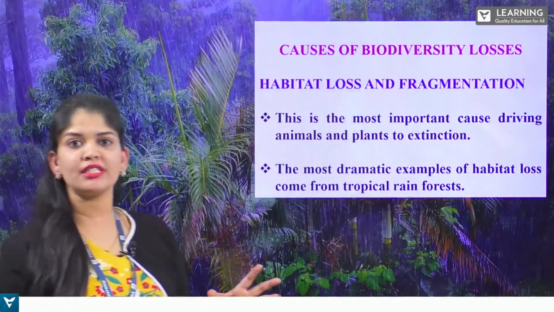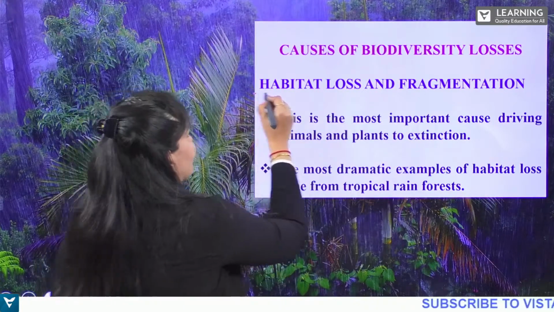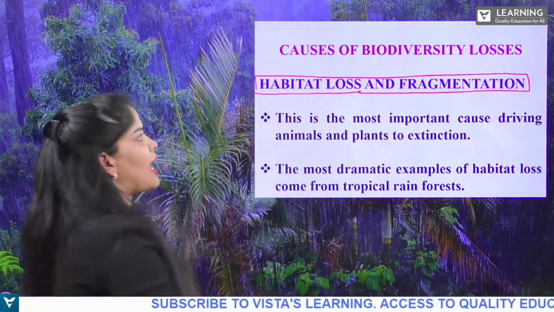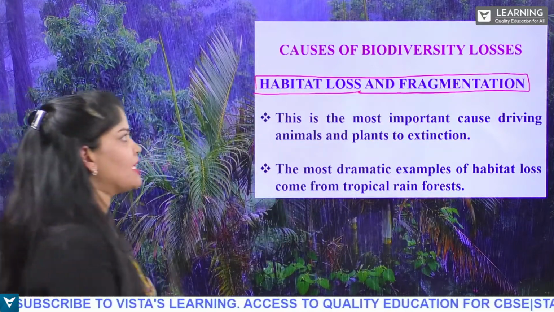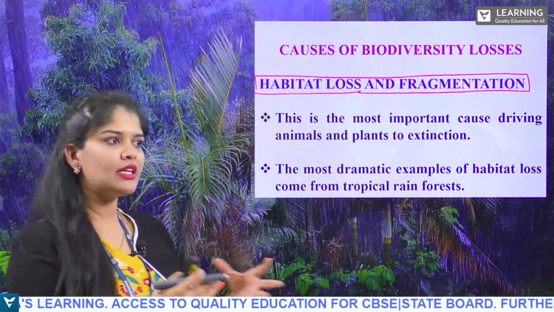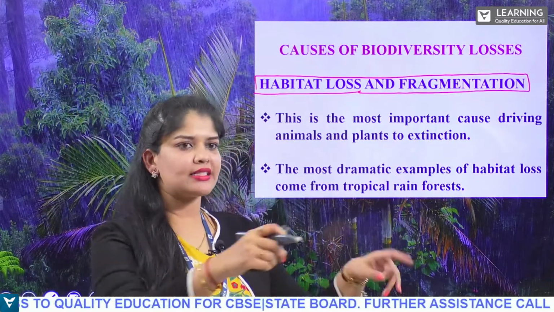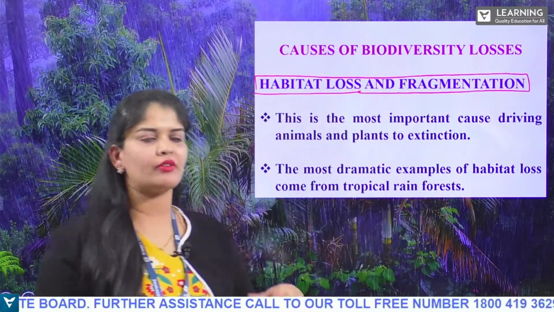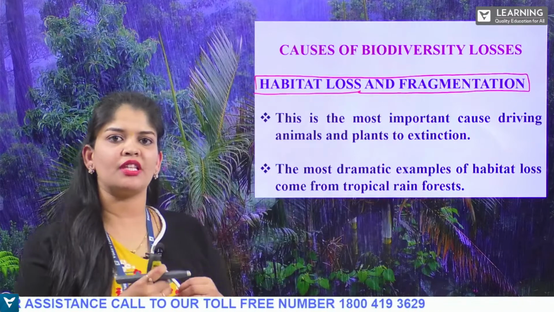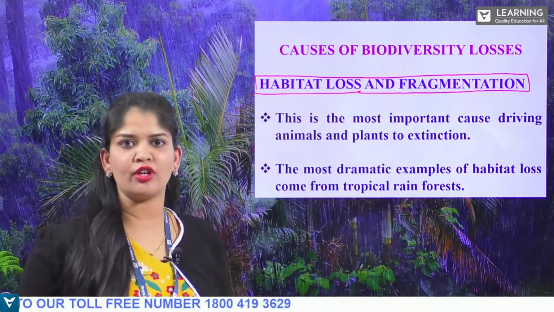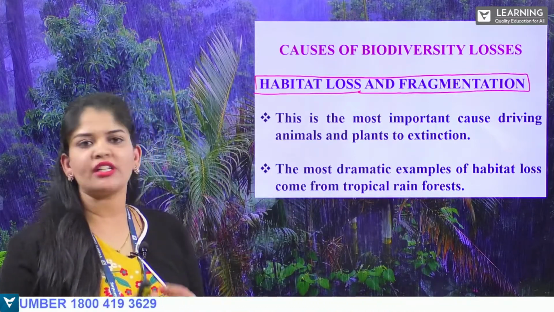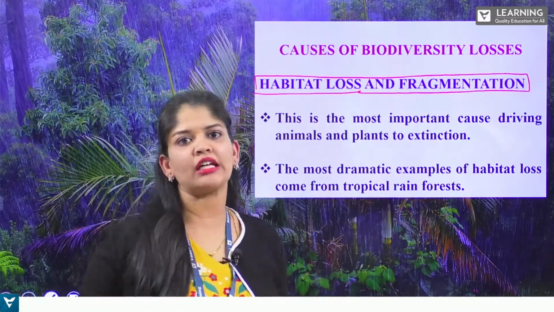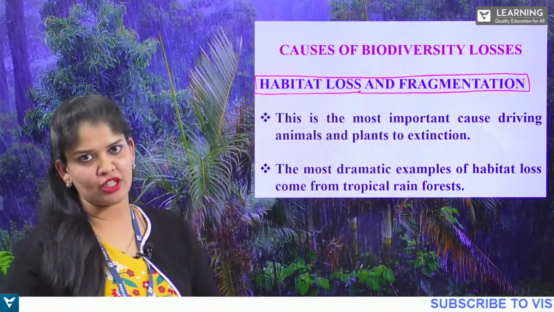In that, the first one is habitat loss and fragmentation. Fragmentation is dividing it into different fragments. If a large area has been divided into fragments for various purposes, maybe they are converting it into grasslands, maybe they are using forest lands for cultivation, agriculture. Whatever the reason, if a large area has been divided into small fragments, that is nothing but fragmentation.